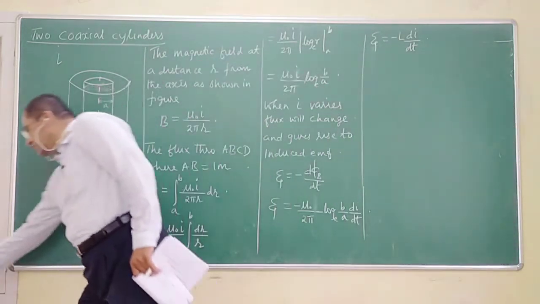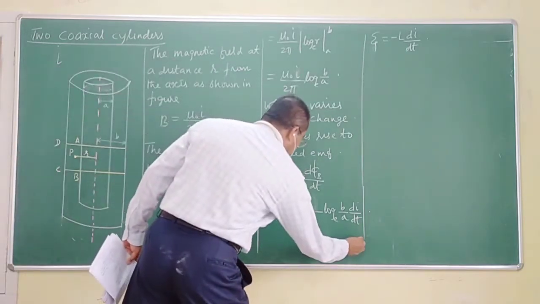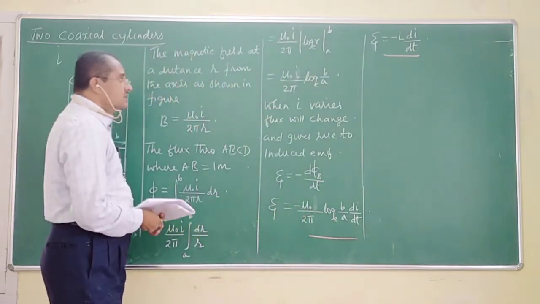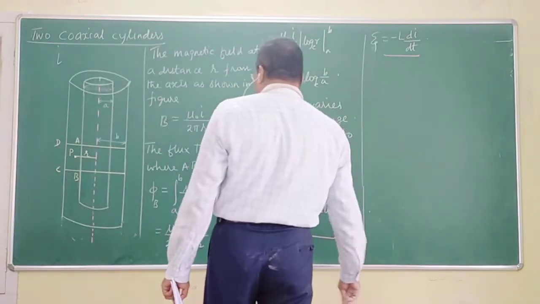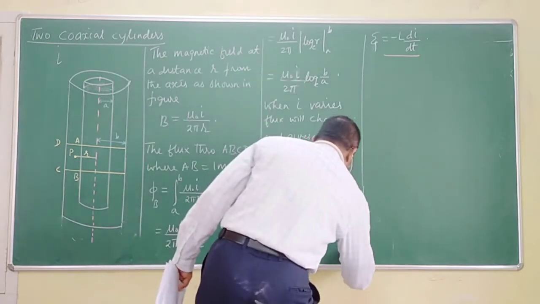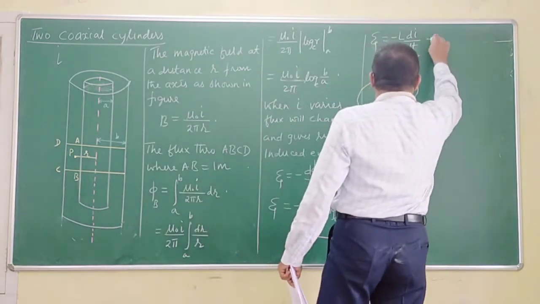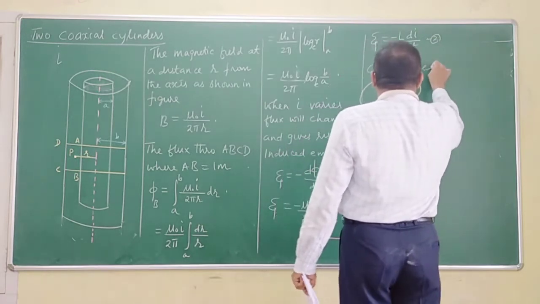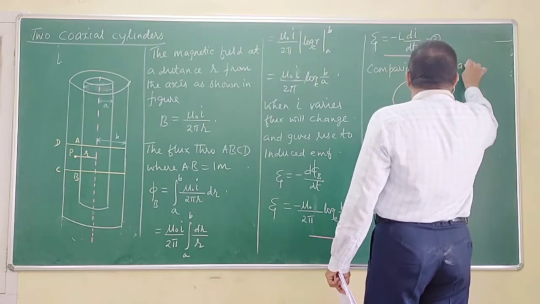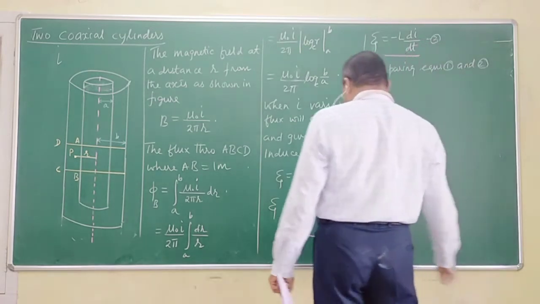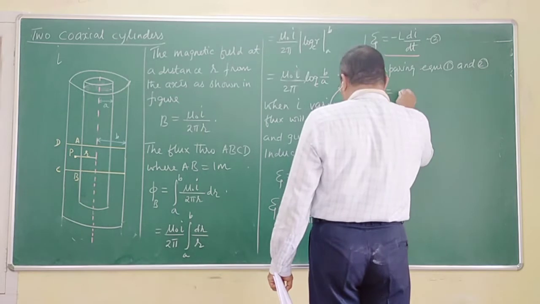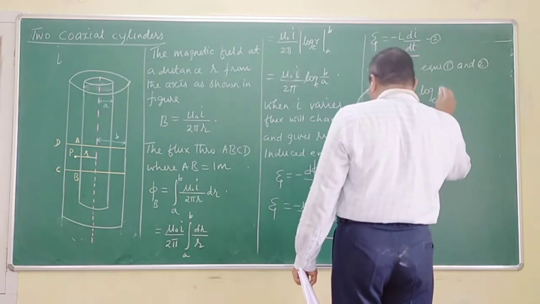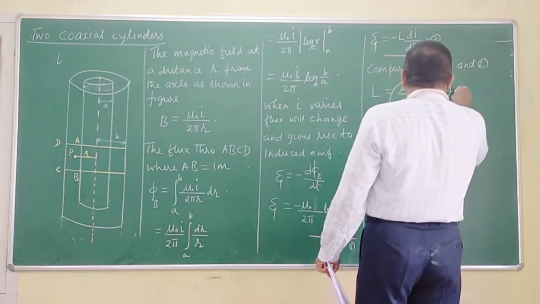Now, we need to compare these two equations. Okay? If I give numbers to this, I will call this equation number 1 and this as 2. Therefore, comparing equations 1 and 2, this L will be equal to mu naught by 2 pi log to the base e b by a.